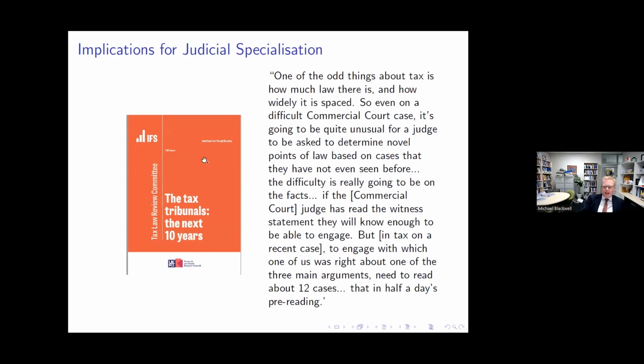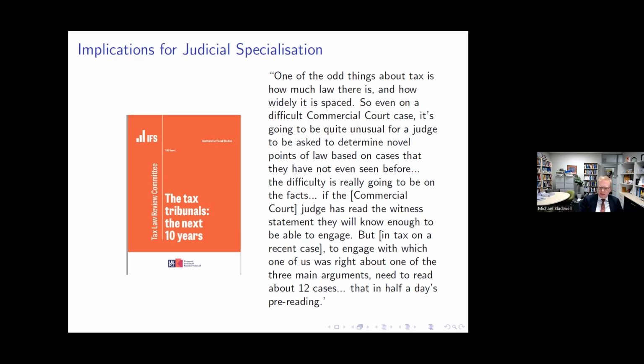One of the odd things about tax is how much law there is and how widely it is spaced. So even on a difficult commercial court case, it's going to be quite unusual for a judge to be asked to determine a novel point of law based on cases that they have not even seen before. The difficulty is really going to be on the facts. If the commercial court judge has read the witness statement, they will know enough to be able to engage.